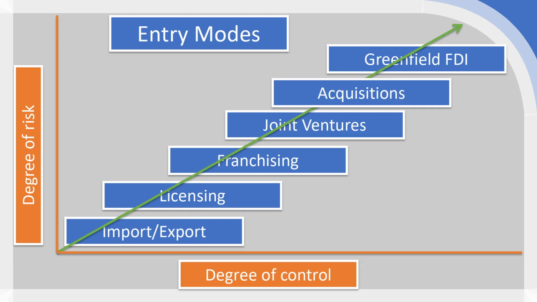Unlike the previous four, exporting, licensing, franchising and joint ventures, both acquisitions and greenfield FDI will lead to our international business directly engaged fully in our target market, with their own operations, their own production facilities, their own retail outlets, whatever fits their business model, but operating fully in our target market. The difference is how they actually get there.